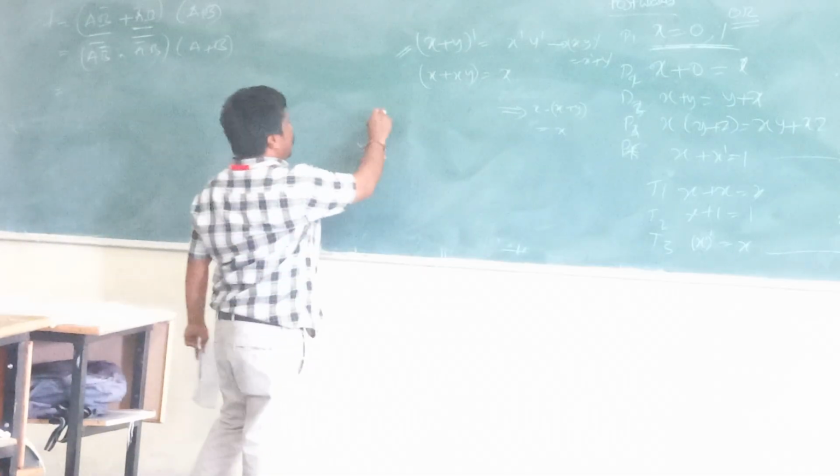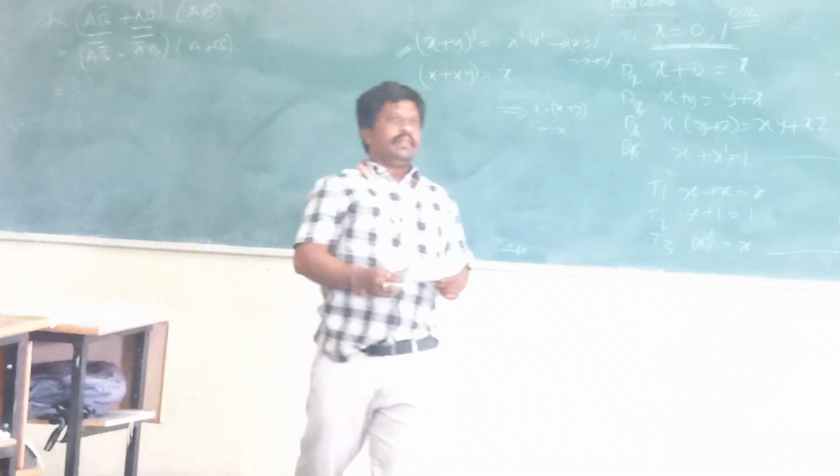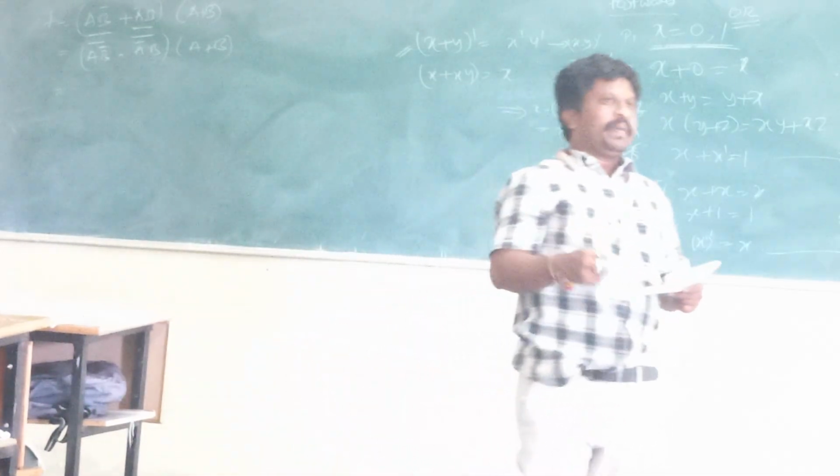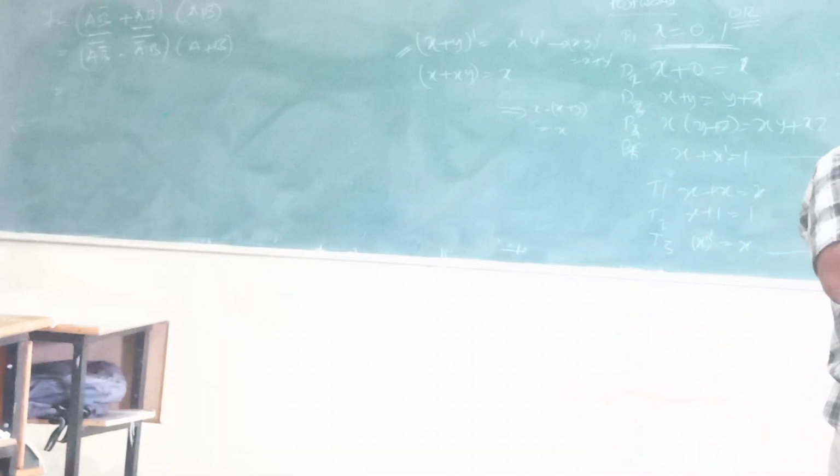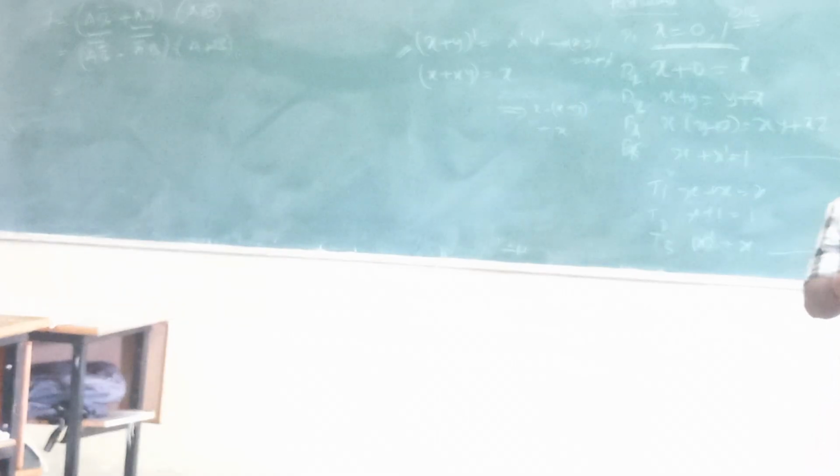Then one more time you apply it. I had already taught you in the last class that to simplify Boolean functions there is a precedence. First I have to do the parentheses, then NOT, then AND, then OR.